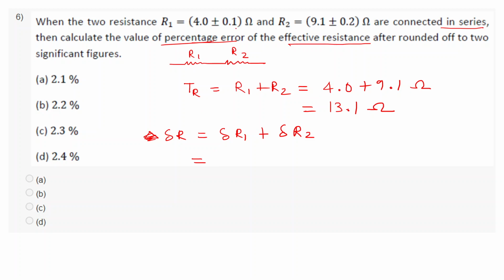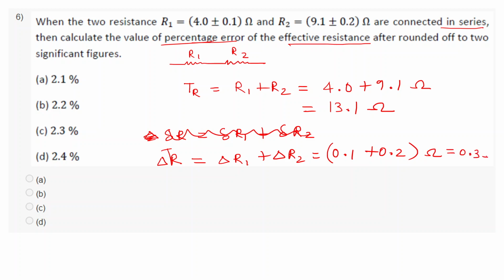No, sorry, this is not percentage error, these are absolute errors. When it's given like this with plus minus, those are actually delta R1 and delta R2. So the absolute error in total resistance is the absolute error in R1 plus the absolute error in R2, which is 0.1 plus 0.2 ohm, which is 0.3 ohm. So this is the absolute error.